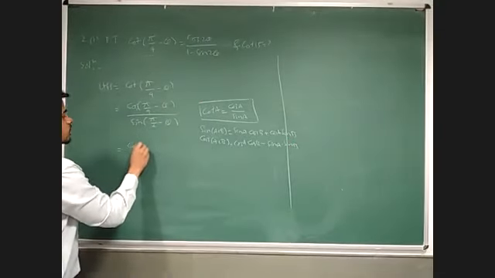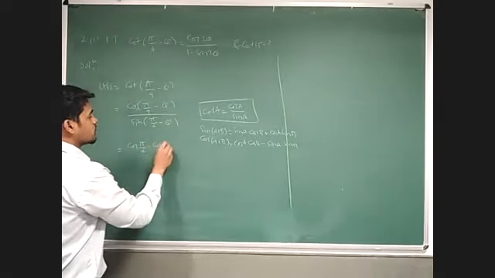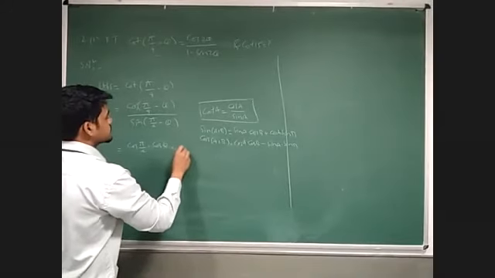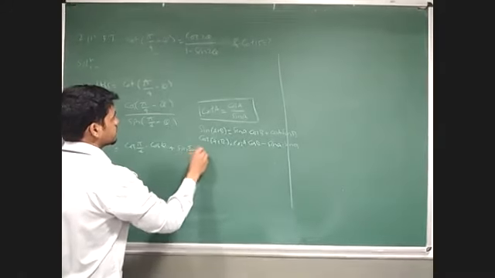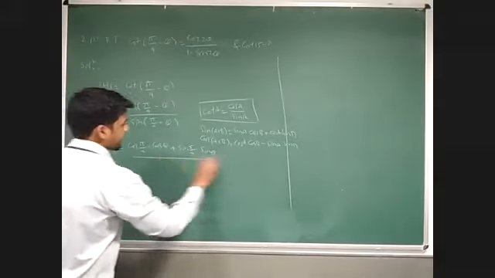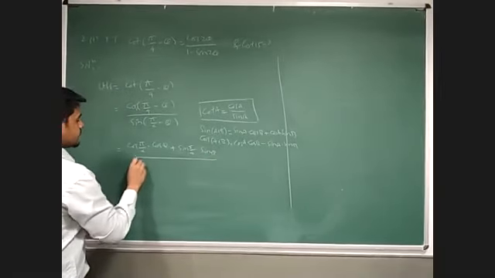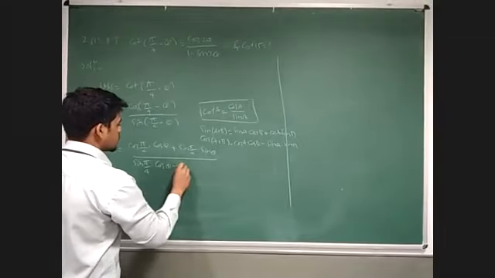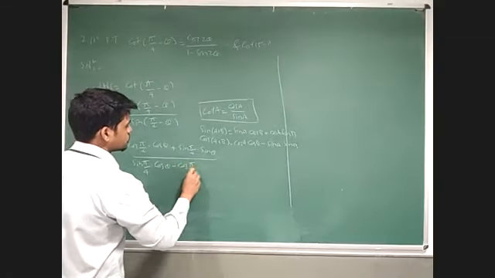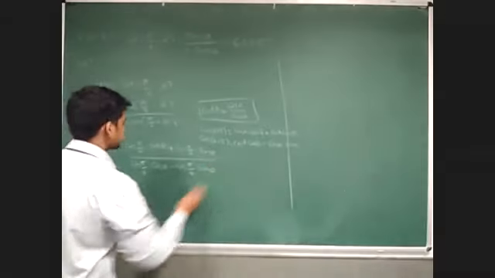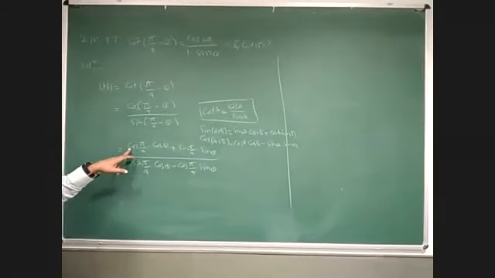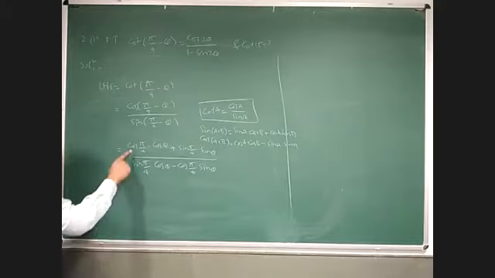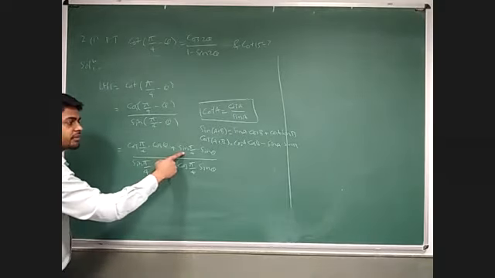So here we have cos pi/4 cos theta plus sin pi/4 sin theta, over sin pi/4 cos theta minus cos pi/4 sin theta. Cos pi/4 is 1 by root 2 and sin pi/4 is 1 by root 2.